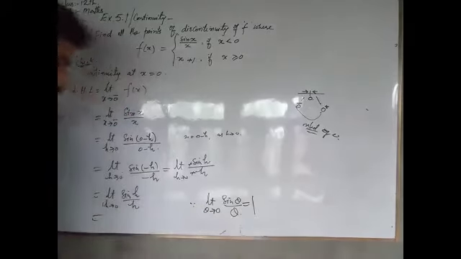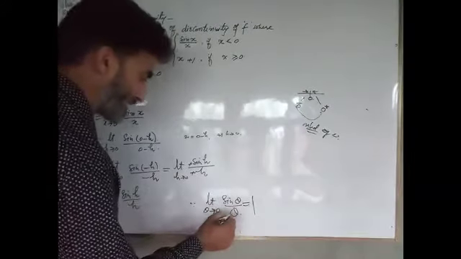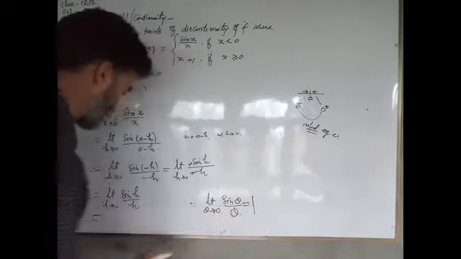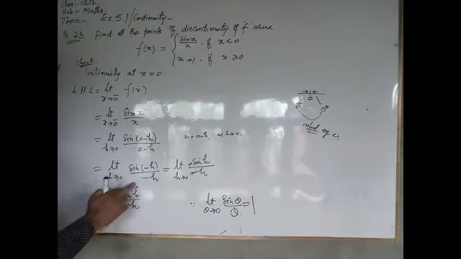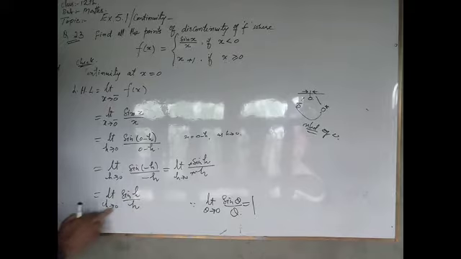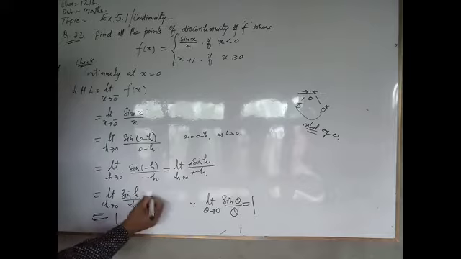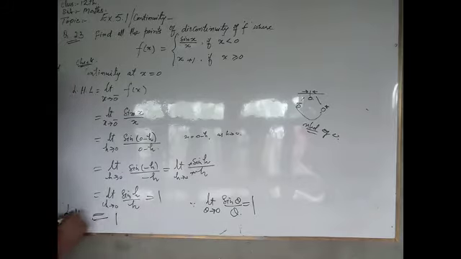This is a formula. So here we use this formula: the limit of sin h divided by h as h approaches to 0 is equal to 1. So the left hand limit is equal to 1.